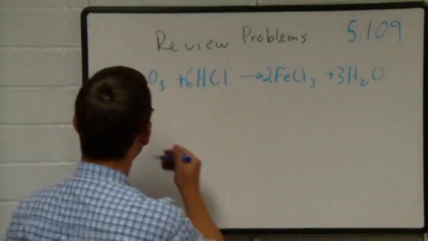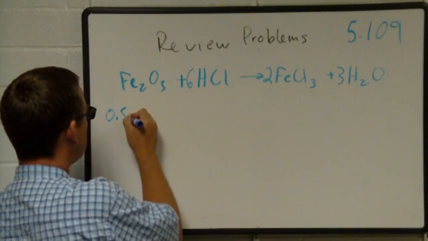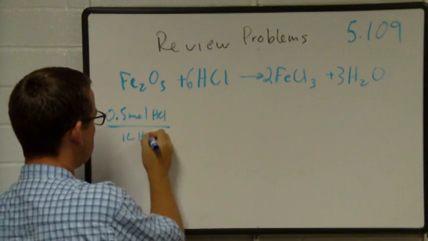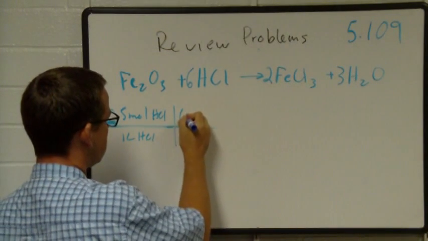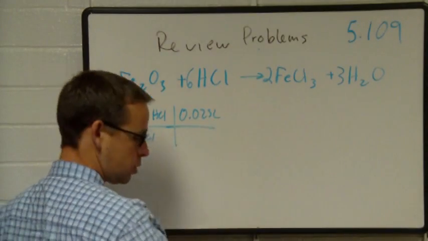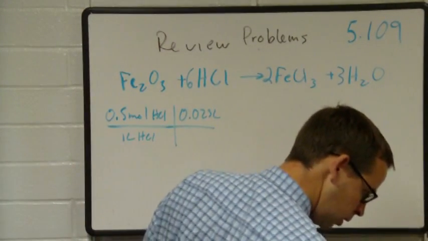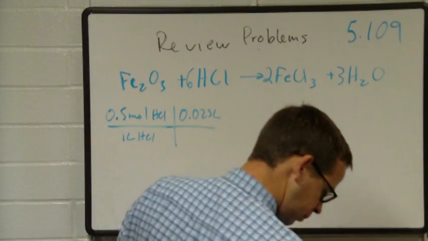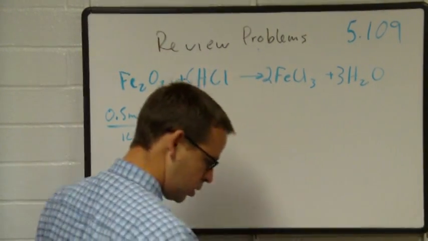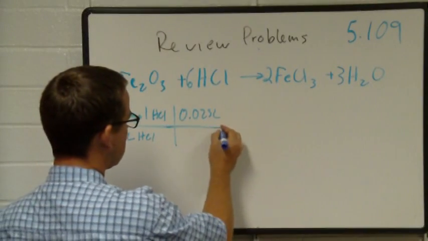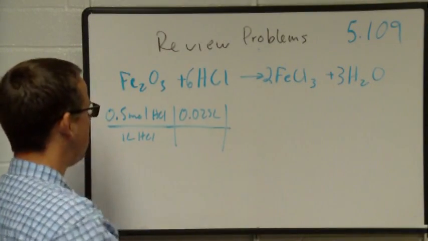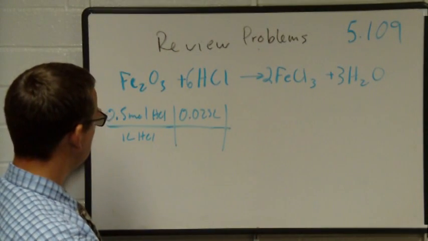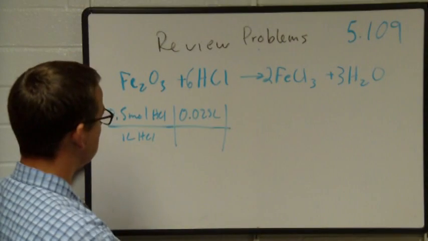So 25 milliliters, 0.5 molar. 0.5 moles of HCl for every 1 liter of HCl, right? And it says we have 0.025 liters, that's 25 milliliters, right? So this tells us how many moles of HCl there are.